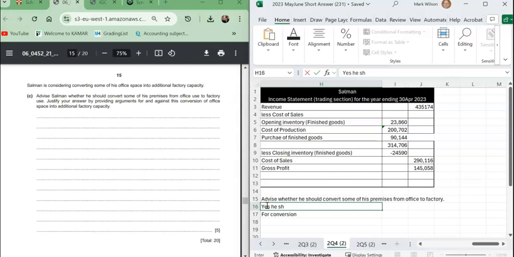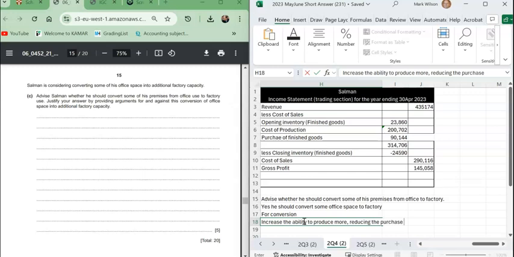He should convert some, so good reasons for reducing the... yeah, that's your 2 reasons.